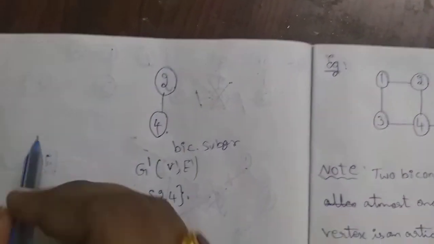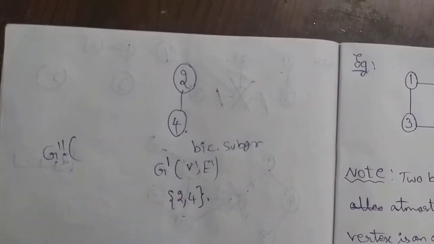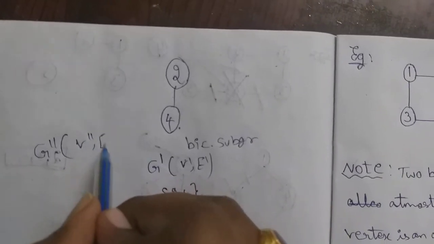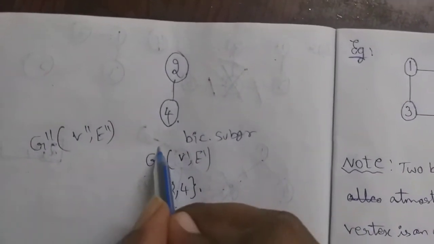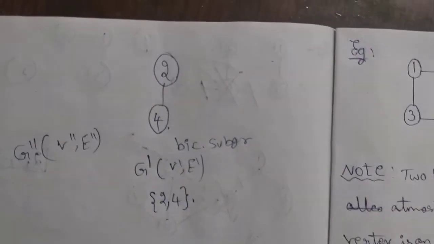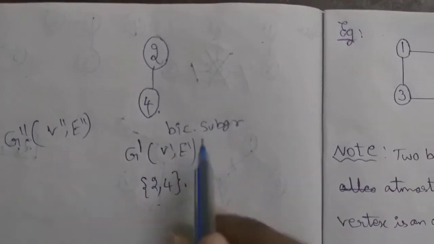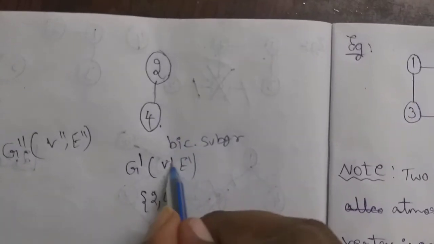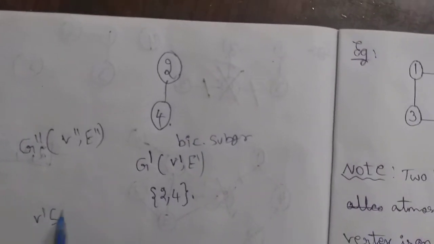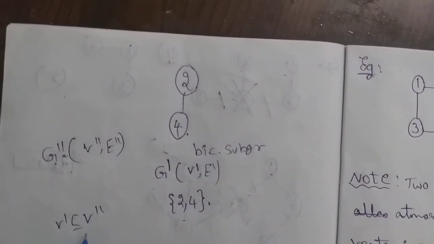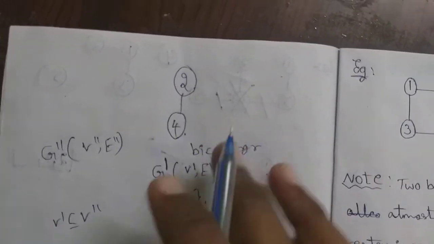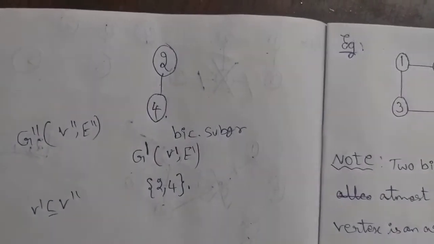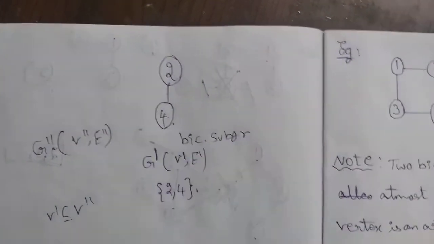If there exists any other graph G'' with vertices V'' and E'', such that V' is a subset of V'', then I should not say this G' is a maximal biconnected subgraph. It is a biconnected subgraph, but it is not maximal.